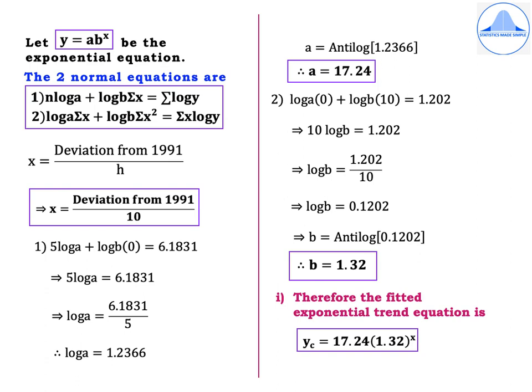So log y values are 1.5051, 1.6721, 1.8129, 1.9638, 2.1206, which gives summation log y equal to 6.1831. The x square values are 4, 1, 0, 1, 4, which adds up to summation x square equal to 10.